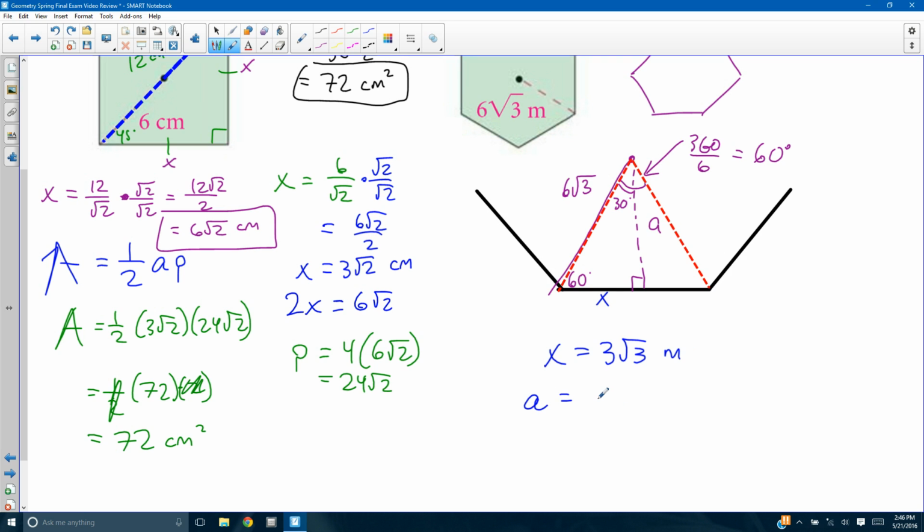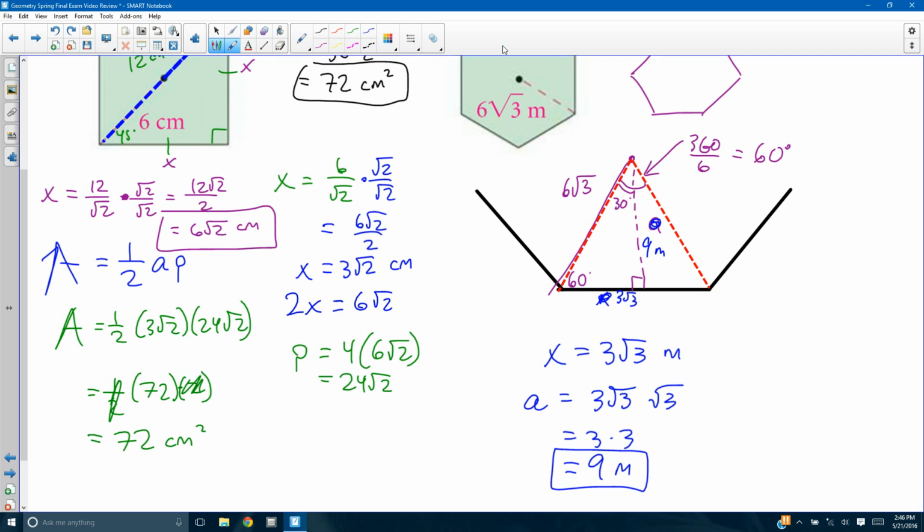So if we take 3 root 3 and multiply it by root 3, that'll be 3 times 3, which is 9 meters. So 9, yes, 9 is less than 6 root 3, by the way. But there's your apothem there. 9 meters. This right here is 3 root 3. So now you have options. I'll just do 2 ways from here.